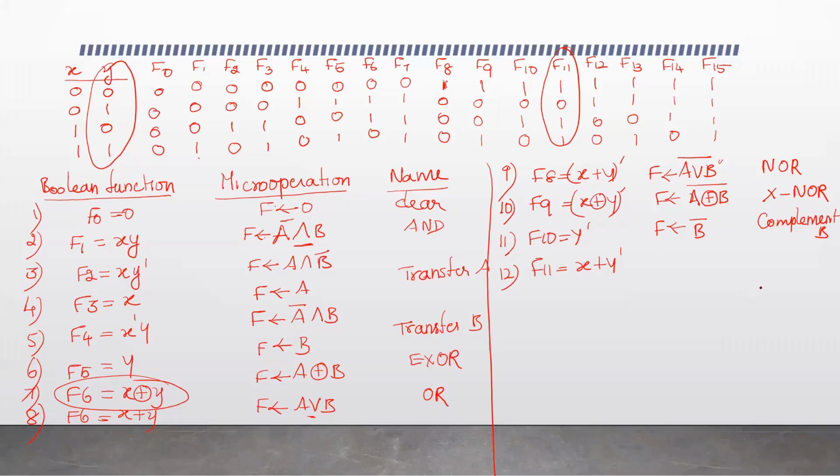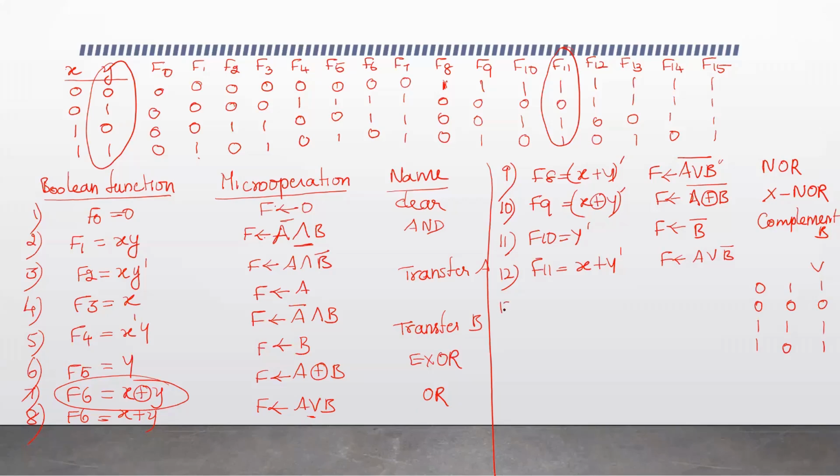If you take this, X is 0 0 1 1 and Y is 0 1 0 1, and if we take the complement 1 0 1 0, when we perform OR on this, we get 1 0 1 1. So this operation is X OR Y complement. And when you write the micro operation, A OR B complement. Already we wrote it, OR operation is done.